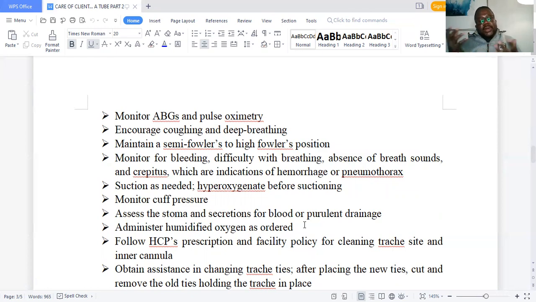Most often, is it sterile water? Yes, sterile water, because the patient is breathing air that is passing through this water. And this is also to prevent dryness of the airway.